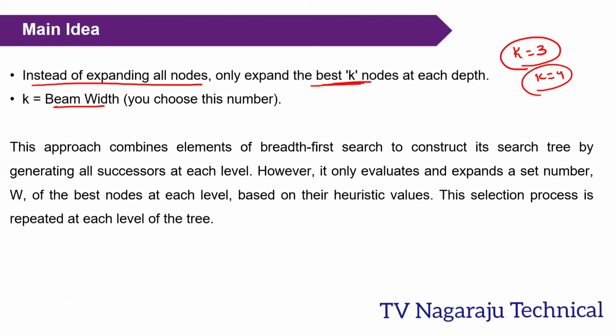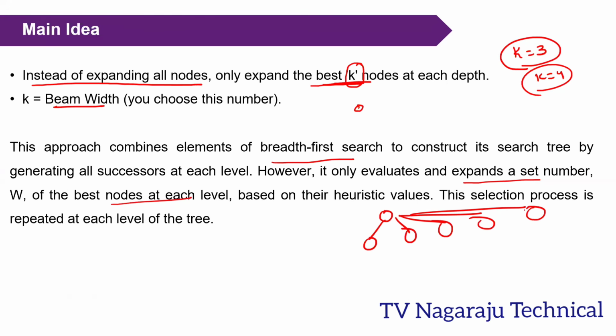Like BFS, like breadth first search, a tree is constructed by generating the successors at each level. But you already know the k value, so only expand that many nodes at each level. And which nodes are expanded? For example, for this node, assume I have 5 successors and my k value is equal to 3.